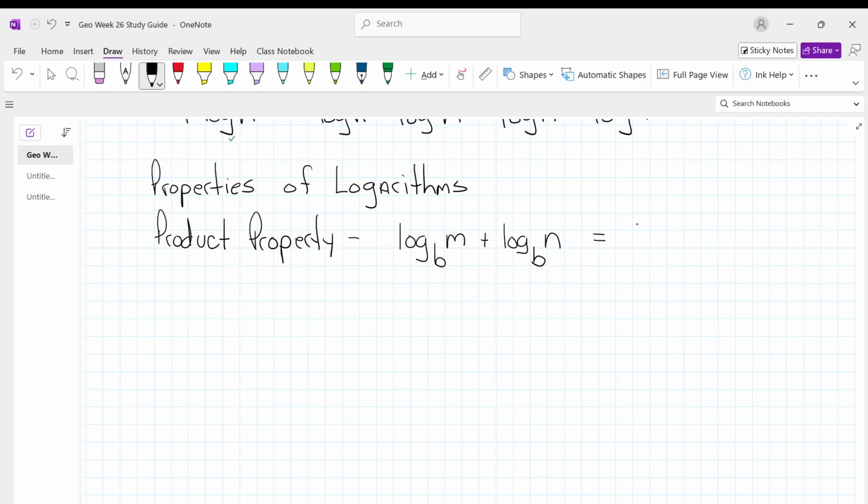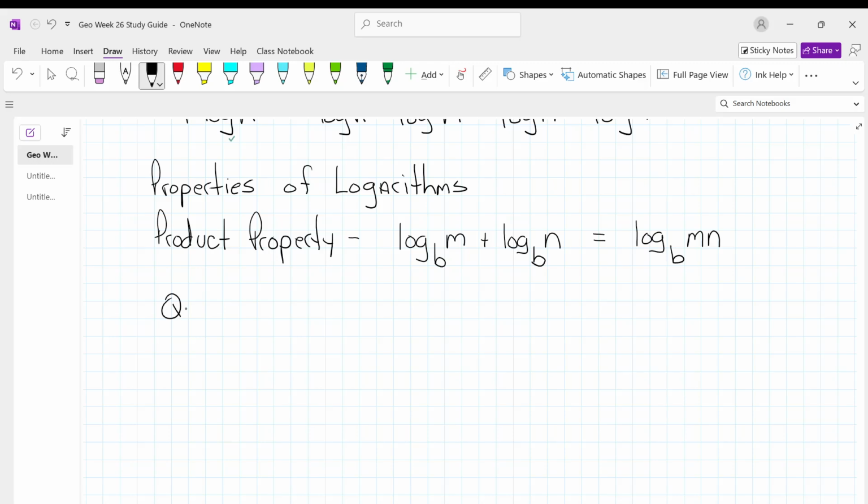So this would be written as log b of m times n. When you're combining logs and the bases are the same, when you're adding logs and the bases are the same, you multiply the products.